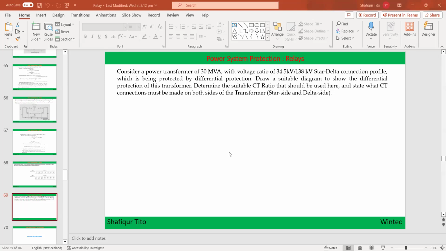So the appropriate CT connection and their ratio has to be determined. Let us just start doing this. We'll go back to my tablet and try to sort it out.